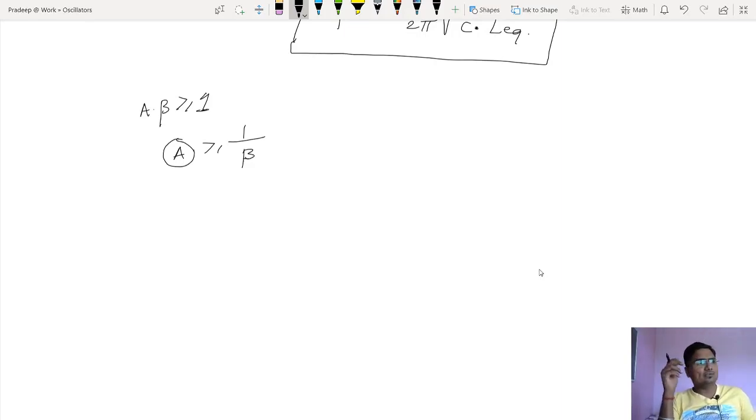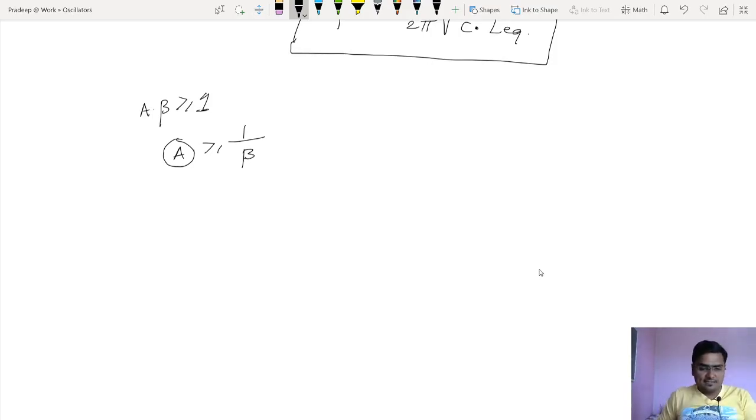I can't calculate beta easily because there are two inductors, one capacitor, a split inductor tank circuit. That split inductor is generally called an auto transformer. We will not enter into the world of auto transformer. For the time being, beta is just the gain of the feedback network for us, and my job is to calculate the value of beta. So let us have some analysis related to that beta also.